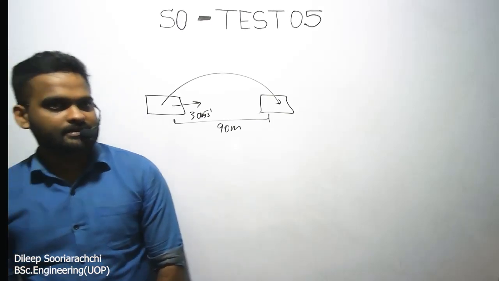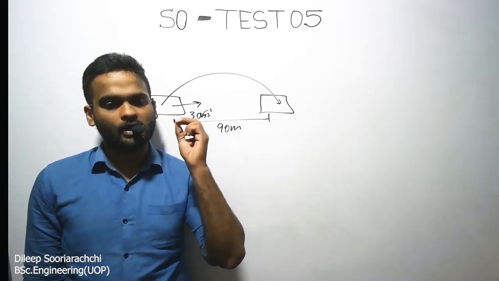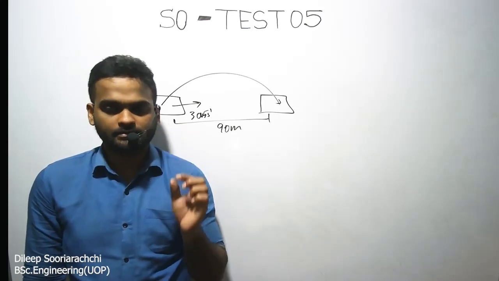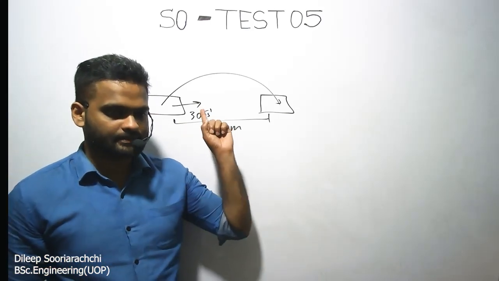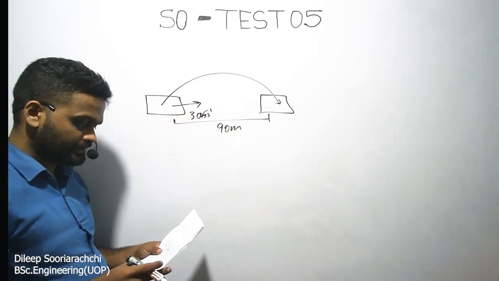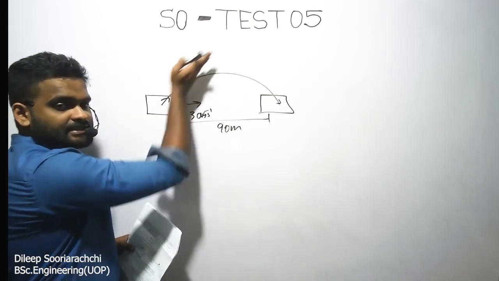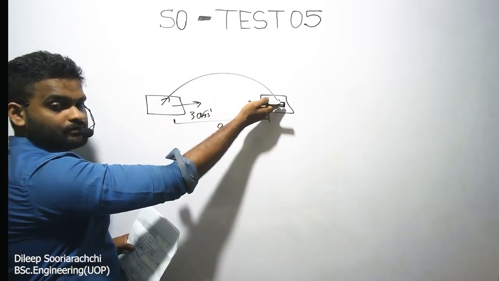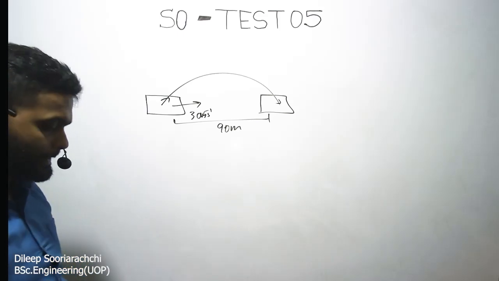So this is a somewhat tricky question and a great example to understand relative motion concepts. By looking at this, someone would say you have to throw the ball in a direction like this, otherwise it won't fall here. It's not true, right?